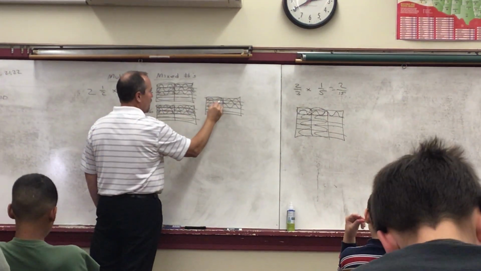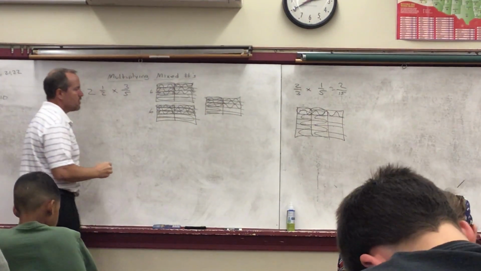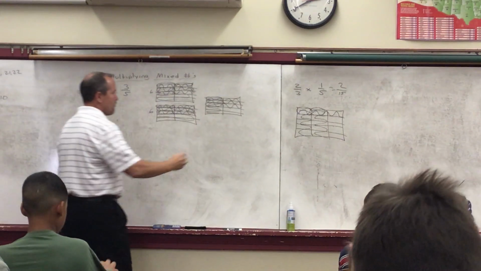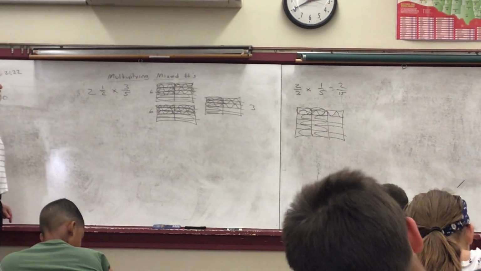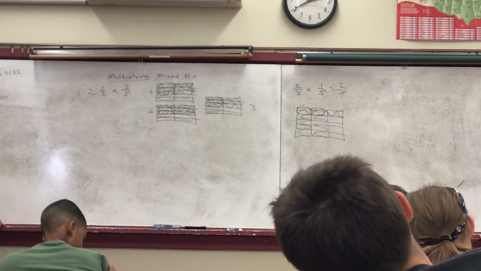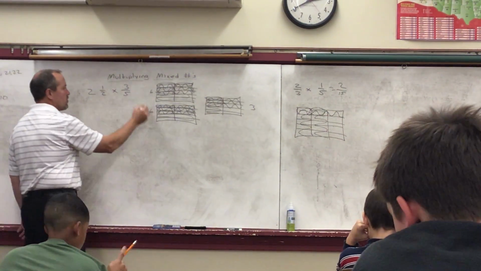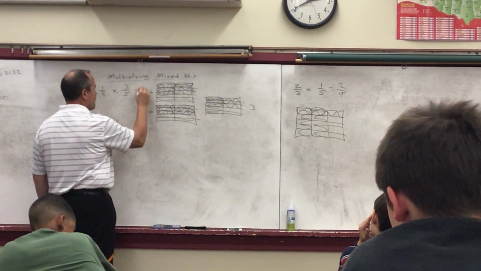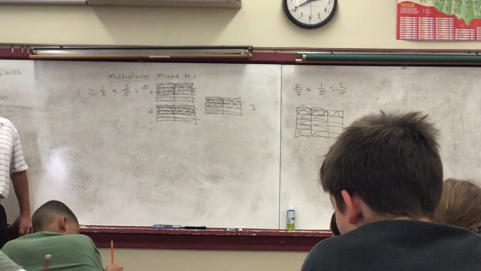And we would only have 1, 2, 3 in this one. And so that would give us a total of 6, 12, 15 sections that are colored in.